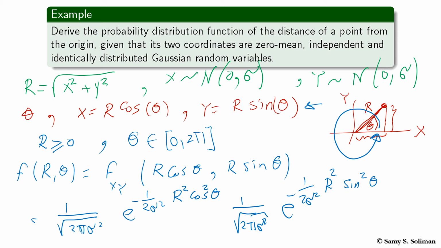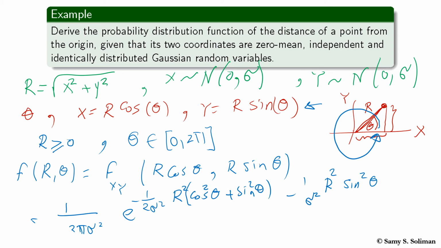Of course, these constants can be multiplied together, so we get only one of them without the square root. And these two exponentials can be written as e power the sum of the exponents, and the sum of the exponents will be negative 1 over 2 sigma squared r squared, cosine squared plus sine squared.